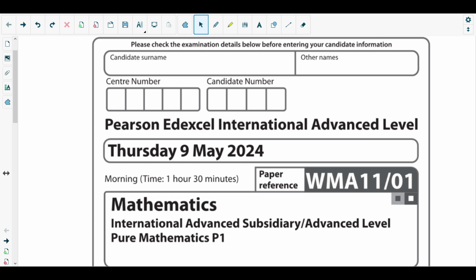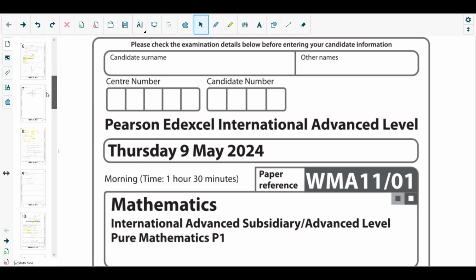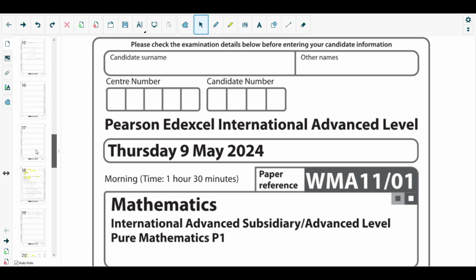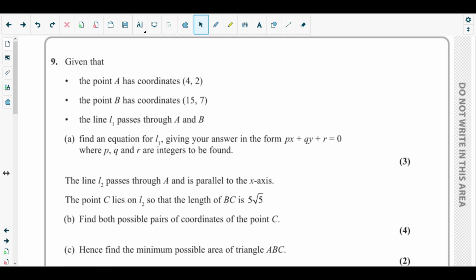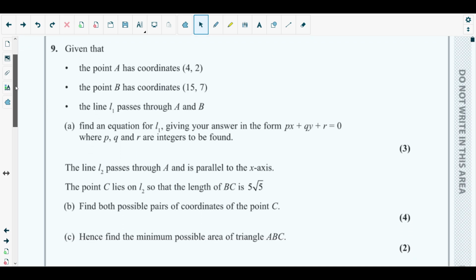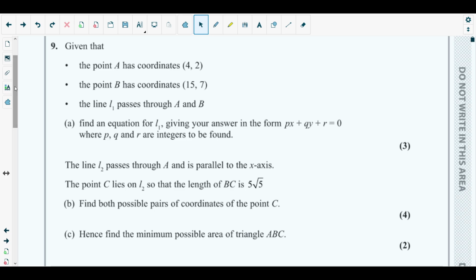So in this video we will be solving question number 9 from the P1 May 2024 paper. Let's see what question number 9 is about. The concepts and topics behind question number 9 have been discussed in chapter number 5 of your P1 textbook, that is straight line graphs.